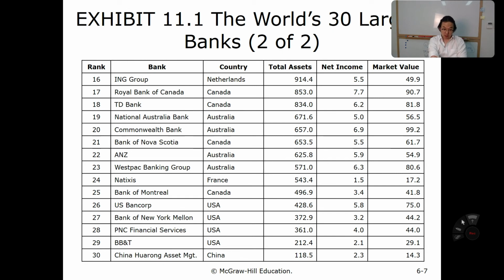And then ANZ, Australia New Zealand Bank, obviously. You can see the nationality over there. Westpac Banking Group, that's another Australian bank. And Natixis, sorry for my mispronunciation, a French bank, and Bank of Montreal comes next.